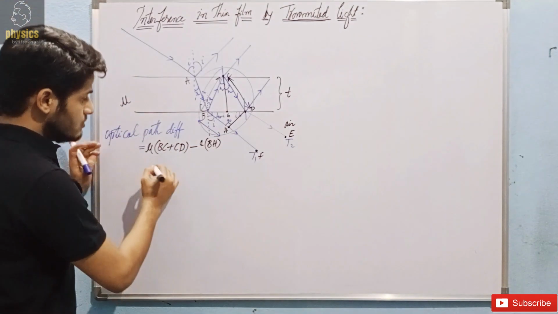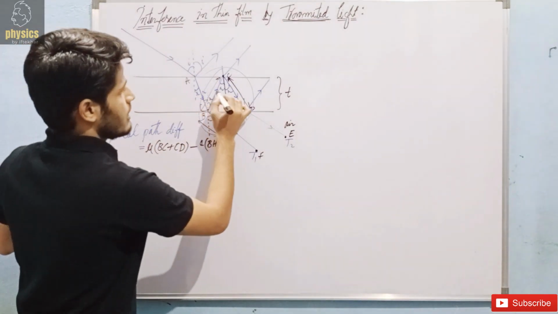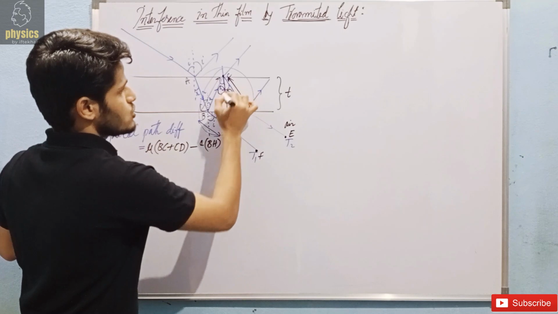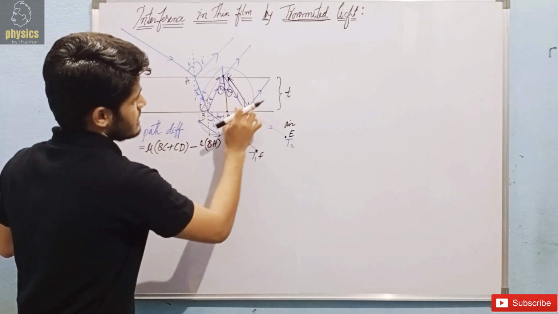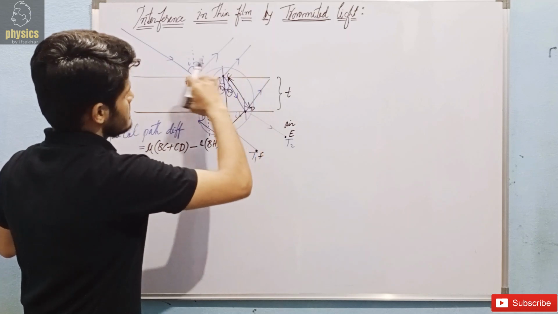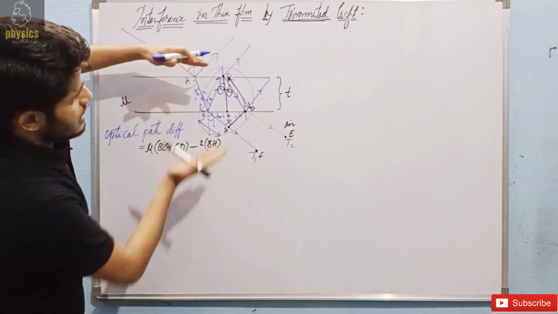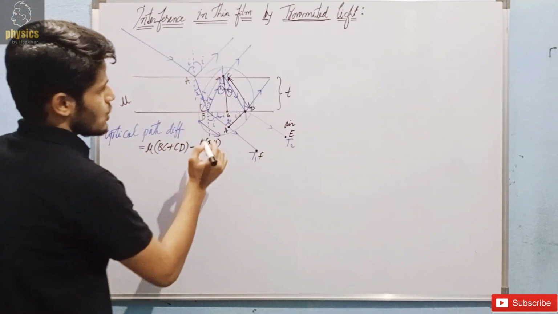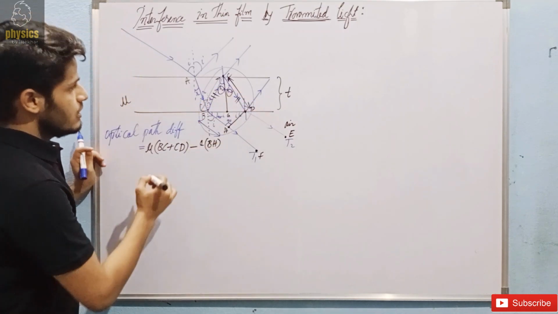Now, from this figure, this is the angle R, this is also R. So both have the same angle, and these two light rays are in exactly parallel planes. Like this is a constant thickness thin film, so this length will be equal to this length.